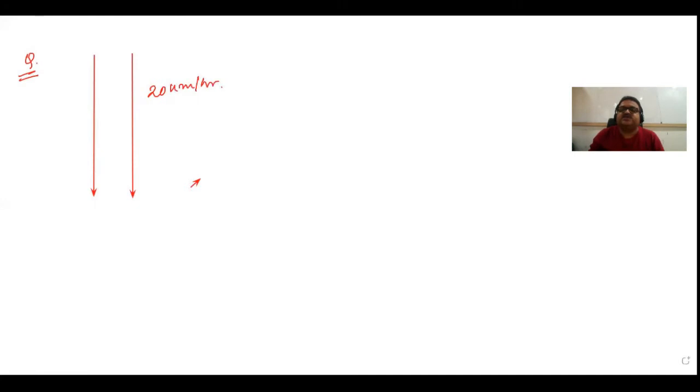So please write the information given. Velocity of the rain with respect to the ground, it is falling vertically downward: minus 20 j cap kilometer per hour.